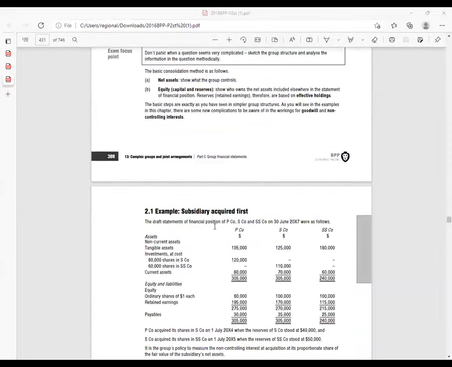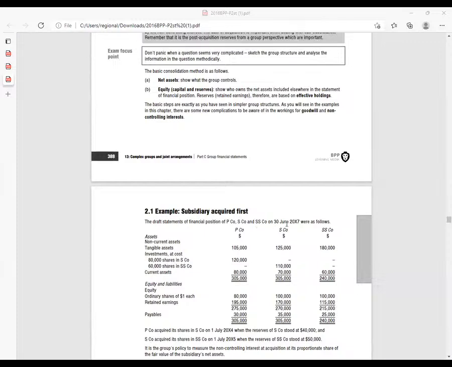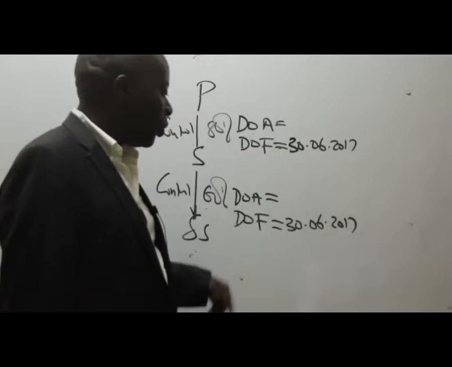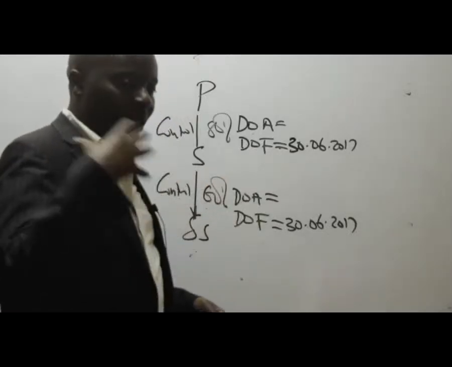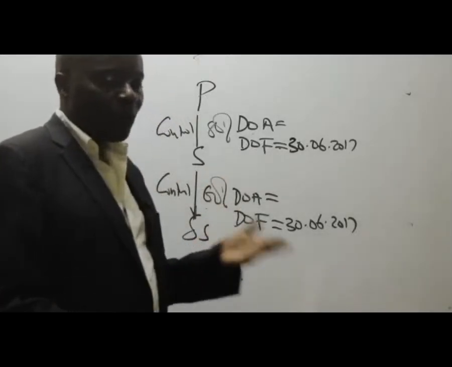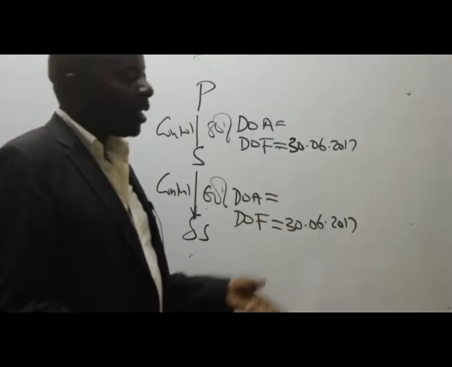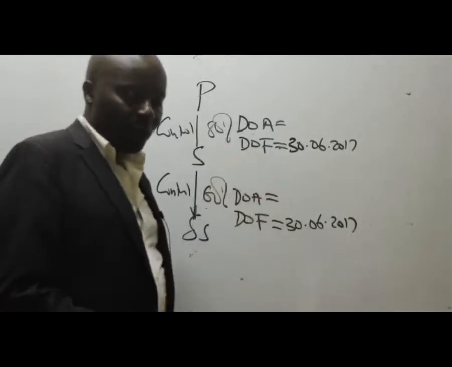What do we have here? Somebody? S company, 30th June 2017. The date of the financial statements has no controversies at all. You simply pick it from what is given up there. How about the date of acquisition?